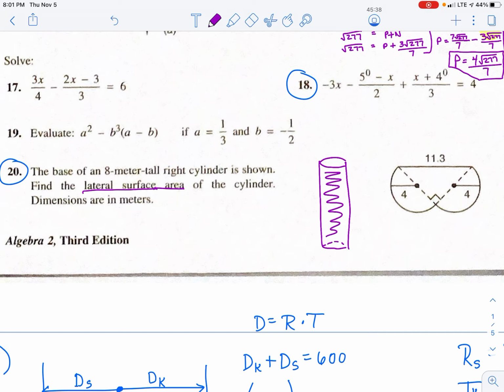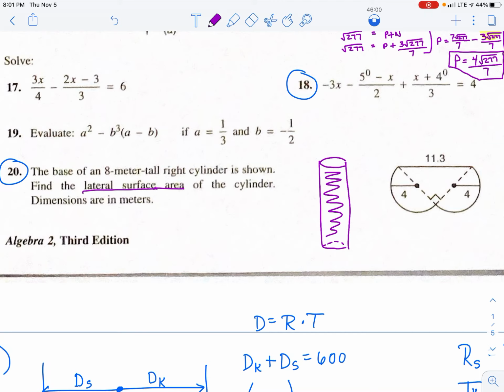It does not include your bases. If they wanted the area of the bases, what they would ask you for here would simply be surface area. But they only want the lateral surface area. So on the cylinder, they're only asking for that which wraps around the shape. Okay, they don't care about the bases.